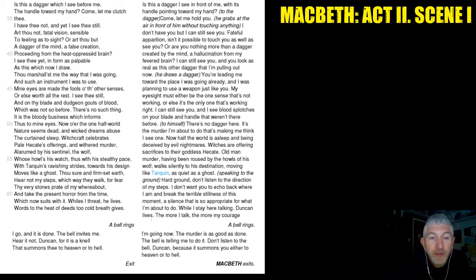Thou sure and firm-set earth, hear not my steps, which way they walk, for fear thy very stones prate of my whereabout, and take the present horror from the time which now suits with it. Whilst I threat, he lives. Words to the heat of deeds too cold breath gives. A bell rings. I go, and it is done. The bell invites me. Hear it not, Duncan, for it is a knell that summons thee to heaven or to hell.